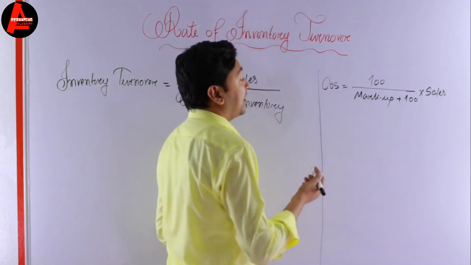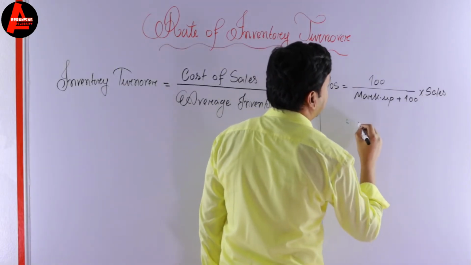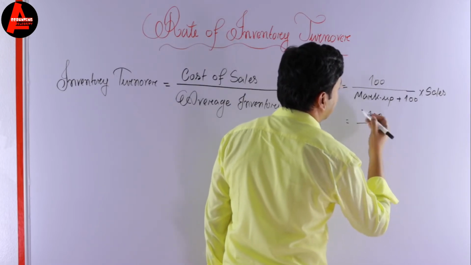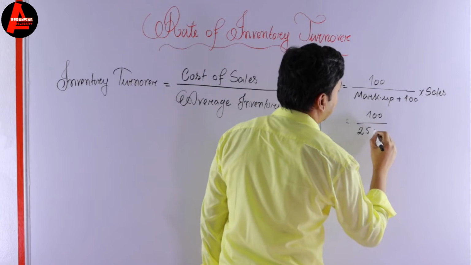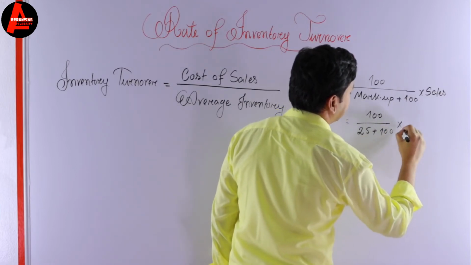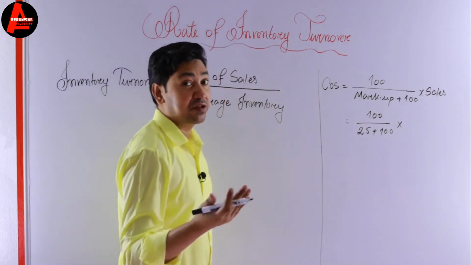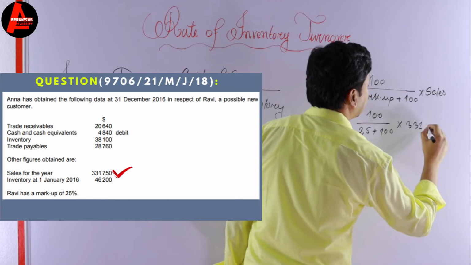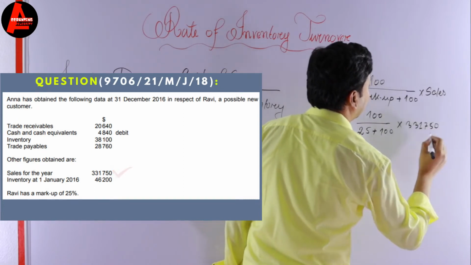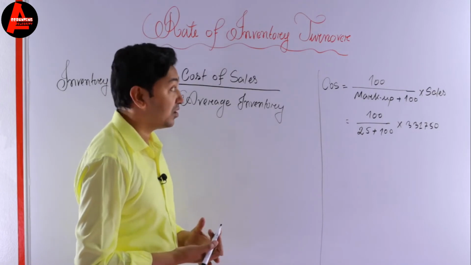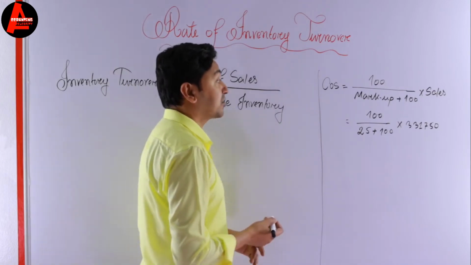Now let us write the values here. 100 divided by markup, 25 plus 100, multiplied by sales. Look at the question. What is our sales value? $331,750. Now we calculate cost of sales.